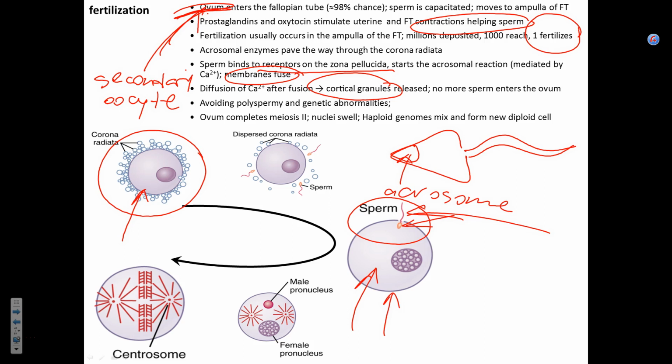Cortical granules make the membrane of the now fertilized ovum impermeable to sperm cells. Does that make sense? So one sperm cell enters, and that entrance stimulates the release of cortical granules, and cortical granules will make the ovum impermeable to any more sperm cells, because during fertilization there's only one sperm cell that can enter, should enter. Does that make sense to you?